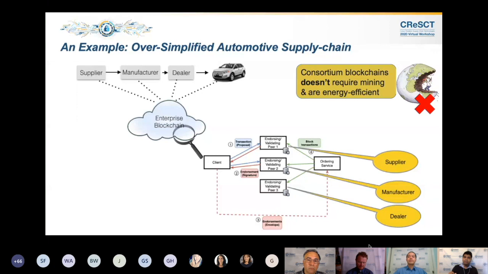But the key thing I want to mention is that in supply chains, given that we don't have unlimited or unidentified entities participating, we do not need to resort to technologies such as mining. That's the reason they're certainly energy efficient. We do not require any such heavy mining or hashing or random computations, and lots of farms running and consuming a lot of energy here.